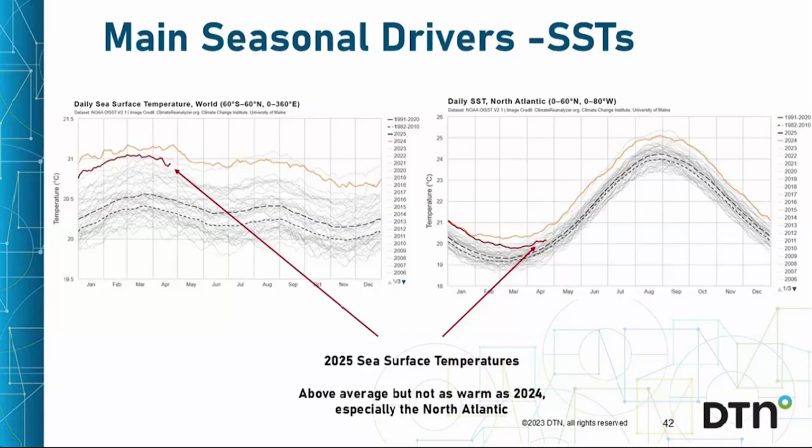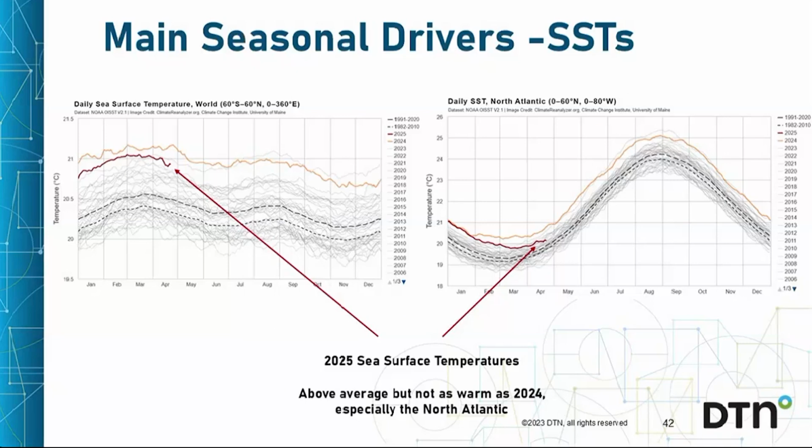So global sea surface temperatures, as a result, are much warmer than average, as you can see here on the left. That's the global average, currently the third warmest on record, behind only last year and the previous year, 2023. Looking specifically at the Atlantic on the right there, it's more noticeably cooler overall than in 2024, although still above average overall, with a positive AMO regime expected to last.